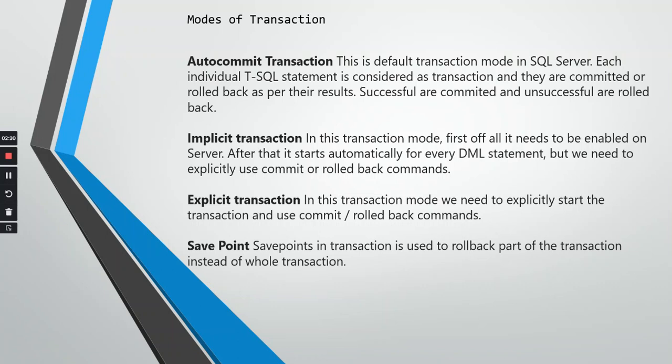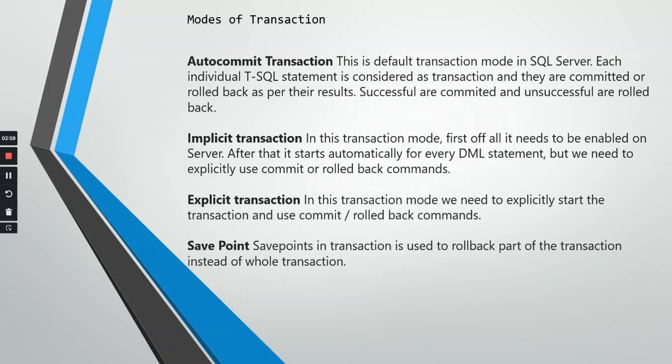And then one more mode is called a save point. A save point in a transaction is used to roll back part of the transaction instead of the whole transaction, right? So within a transaction, if you have 500 DML statements and something goes wrong around the 400th statement, then instead of rolling back everything, we can have save points in between and roll back only part of the transaction.